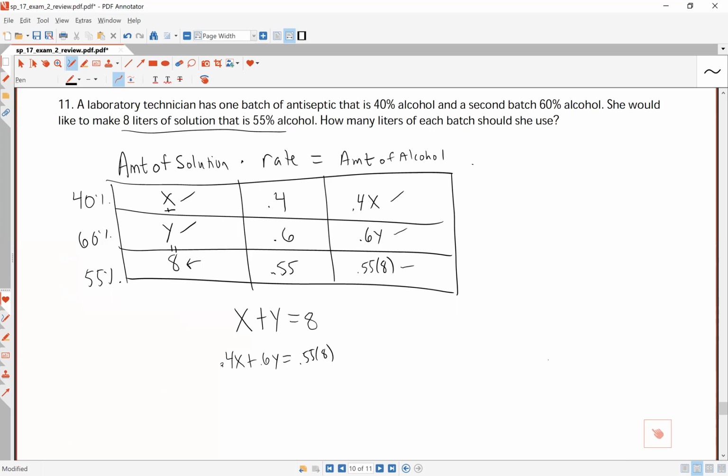So we have X plus Y is 8. .55 times 8 giving us 4.4. Let's multiply everything by 10 in this equation, giving us 4x plus 6y equals 44.